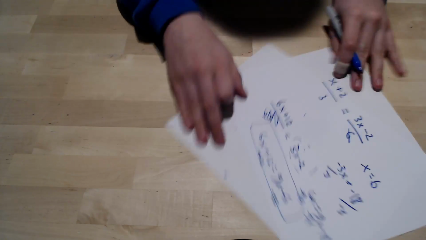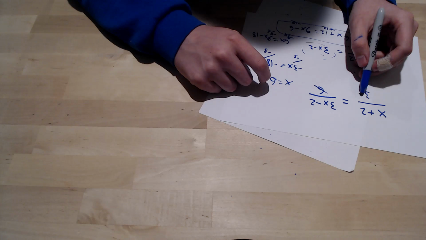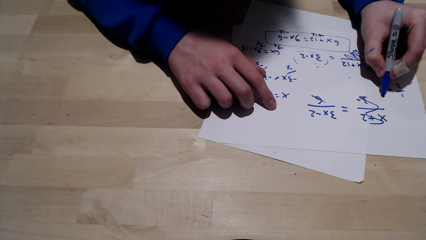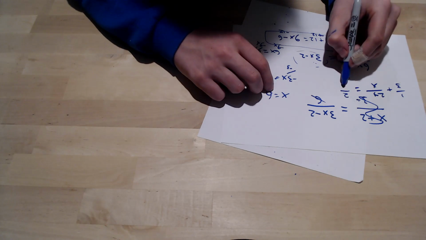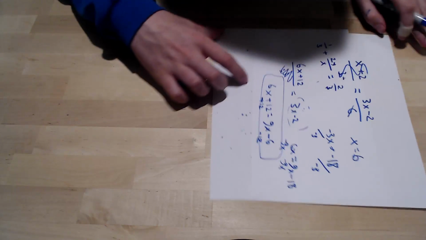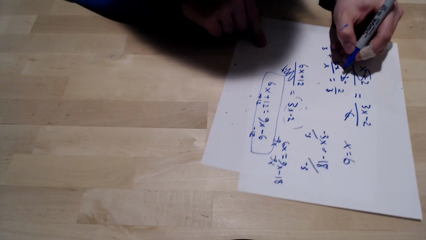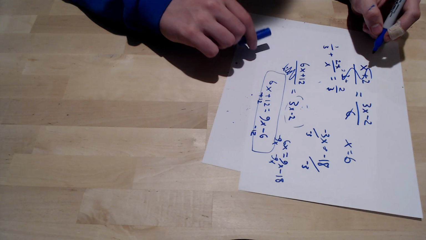For example, if there was something like, okay, this is a theoretical one. I'm not sure if there is a real answer, but 1/3 plus 2x over x, or actually, let's do 2x squared over x, equals 2/3.